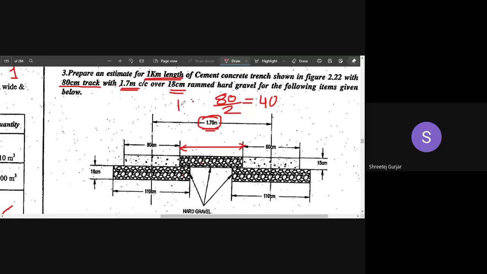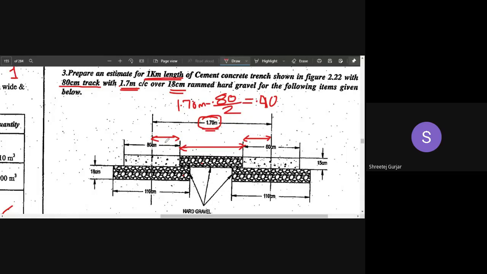So 1.70 meters minus 0.8 by 2, plus 80 by 2 again. If from this you minus this half and this half, you will get your width, right?